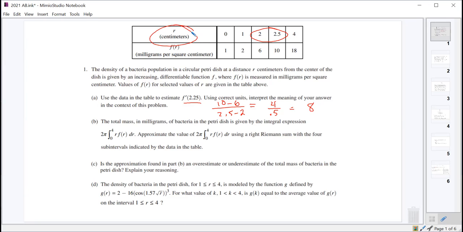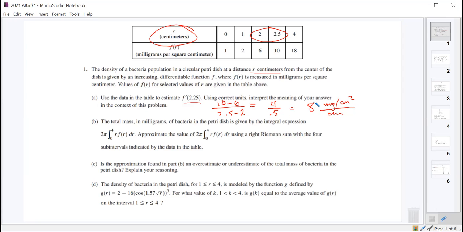We're taking the derivative with respect to R, so it should be milligrams per square centimeter per centimeter. Does that make sense? Yeah, since the R is in centimeters.